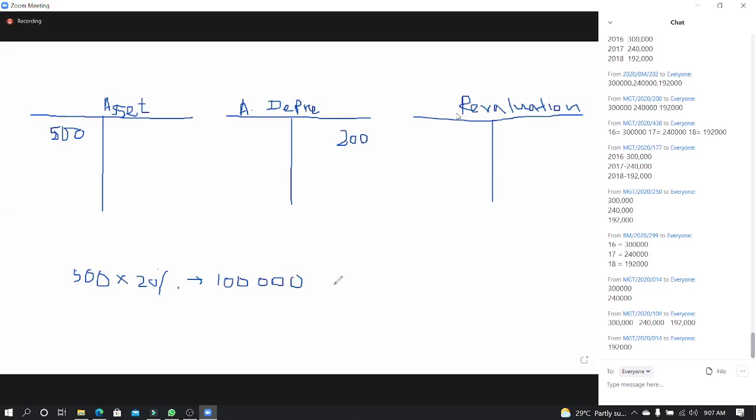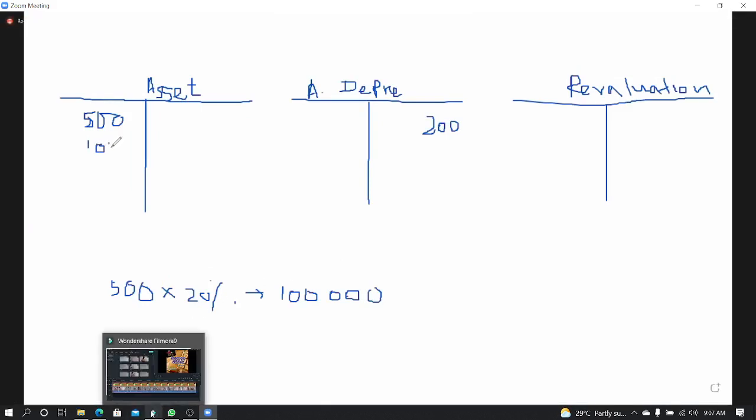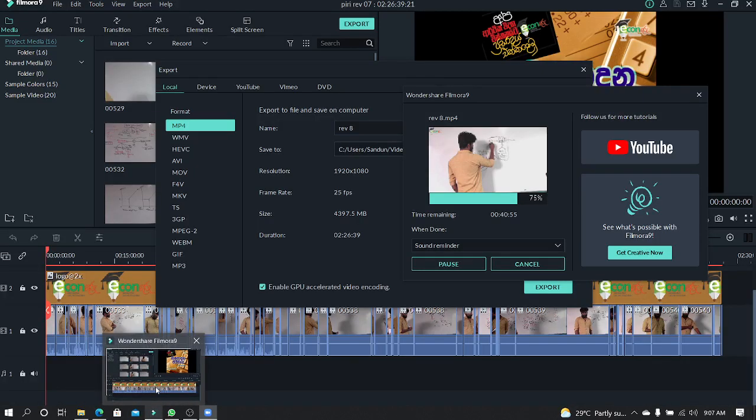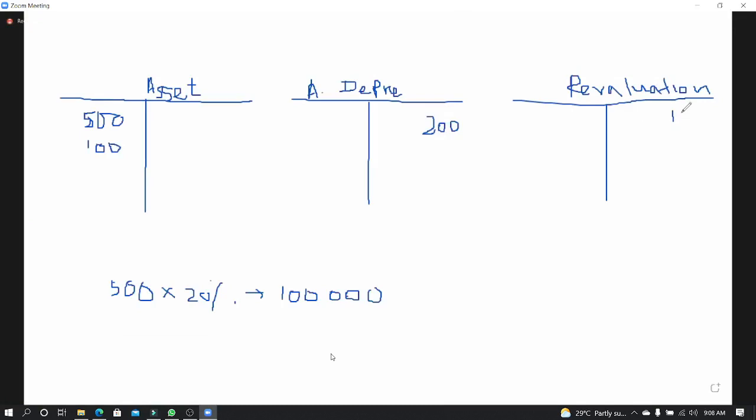So they want to 600,000 per assessed. So now we have to increase assessed valuation by 100,000 because they want to keep it here. Then this 100,000 to revaluation. So it increased due to revaluation.